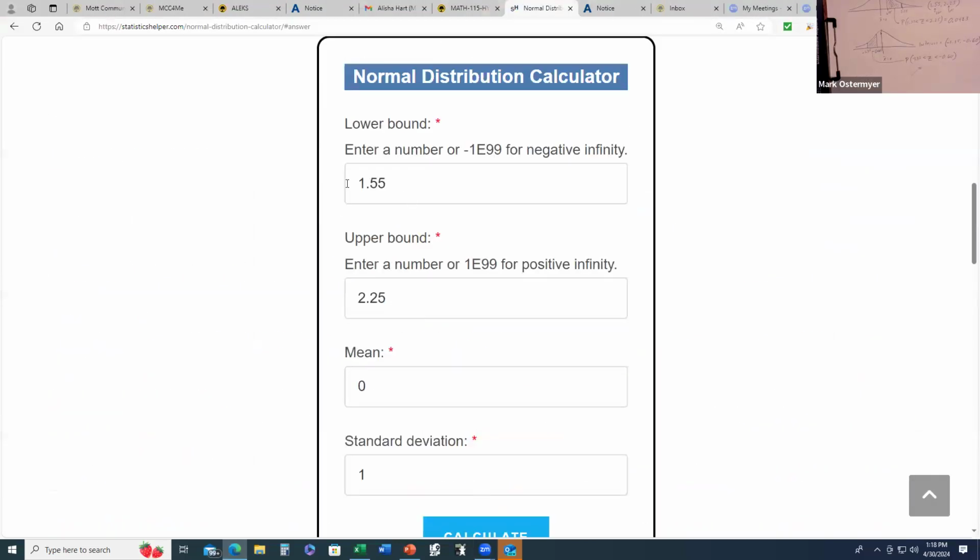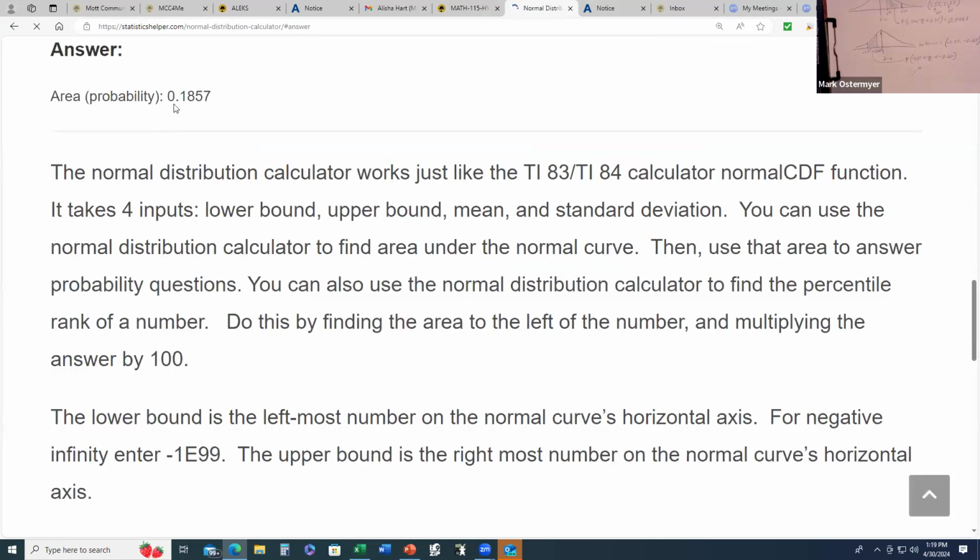Type in the lower bound, which is negative 1.35. The upper bound is going to be negative 0.60. The mean, still the standard normal distribution, is 0, and the standard deviation is still 1. Calculate, and boom, there is the area.